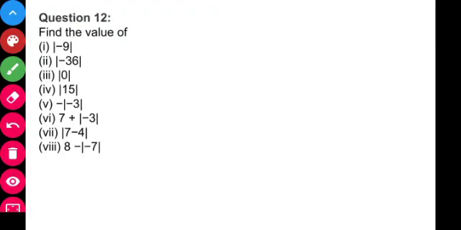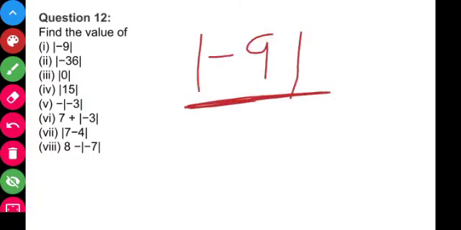Okay. Now come to the next question, question number 12. The remaining questions you can do by yourself. Now question number 12 is given, find the value of this. Here it is given the sign of the absolute value of minus 9. Do you know what absolute value is?